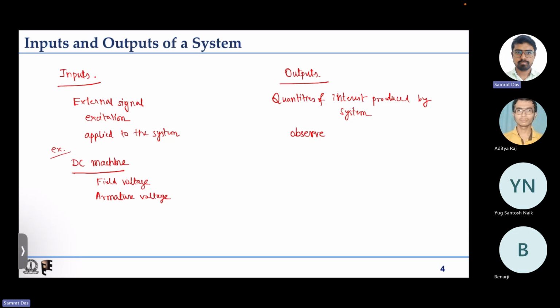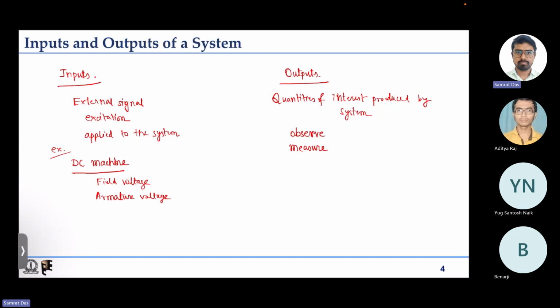Generally the flux linkages, because we are not able to observe them directly, are some internal variables of our system. They are mostly not the output of the system. We should be able to observe the outputs and measure them with some measuring instruments.